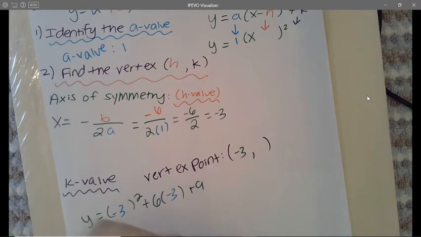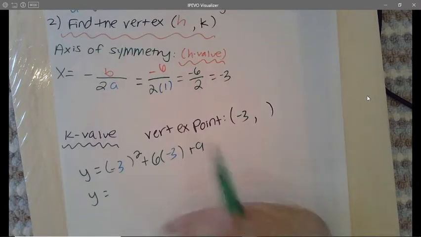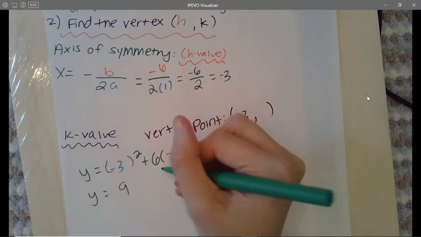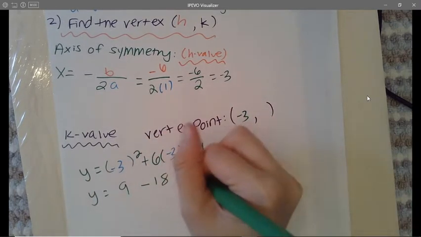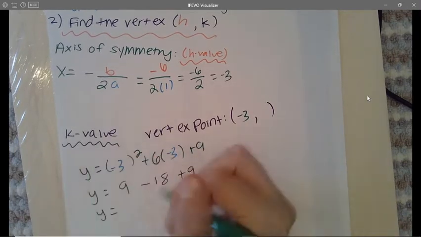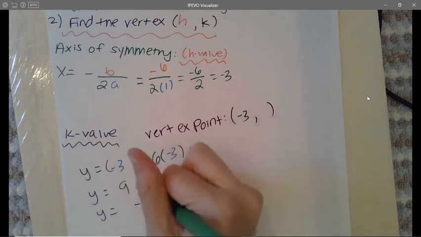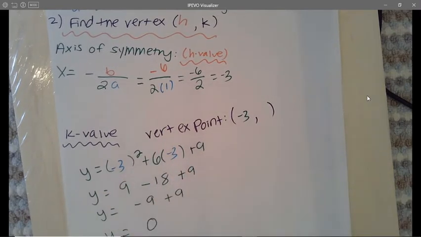All right, let's solve for y. -3 squared, -3 times -3 is 9. 6 times -3 is -18, plus 9. So 9 minus 18 is -9, and -9 plus 9 is 0. So the k value is going to be 0.